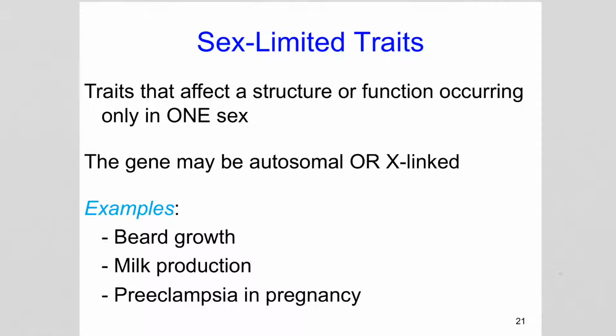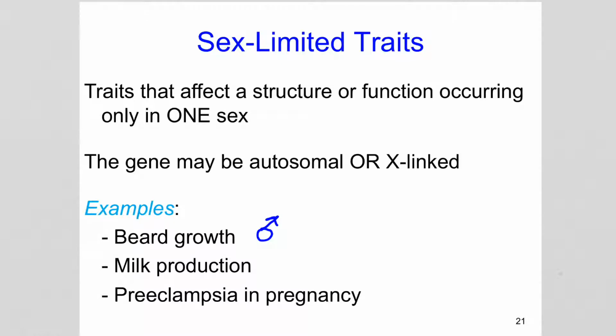So some great examples of these. One is beard growth. So if you have a gene, let's say, that causes for the production of hormones related to beard growth, we know that beards are limited to males. So in that case, we are dealing with a gene that affects kind of the structure of this male phenotype.